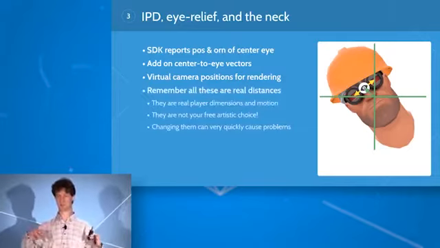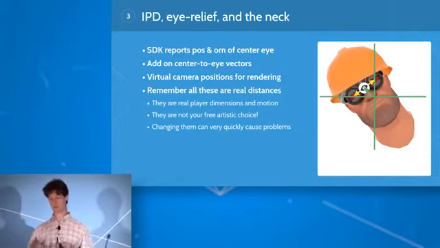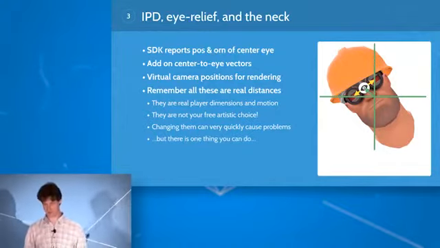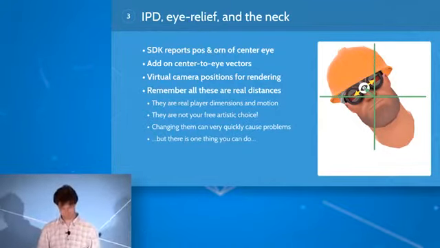Okay, they're physical distances in the real world. Don't play with them. Changing them requires surgery. So look at what the user profile says and believe it. Now, if you want to translate it into a different unit set in your world, that's fine, but I'll get into that.